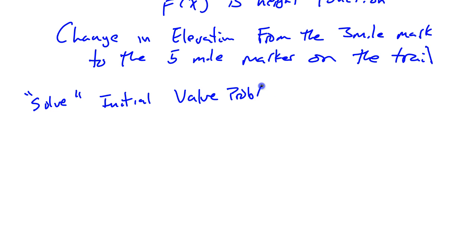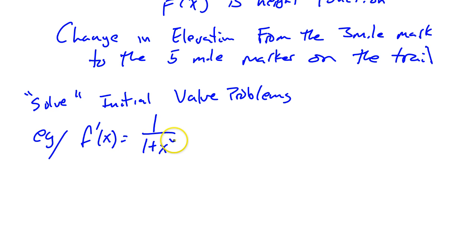So, for instance, suppose I tell you that f prime of x is equal to 1 over 1 plus x to the fourth, and that f of 3 is equal to 1.